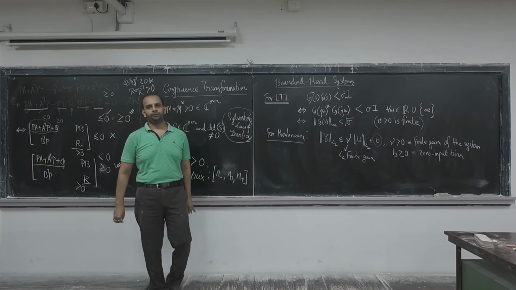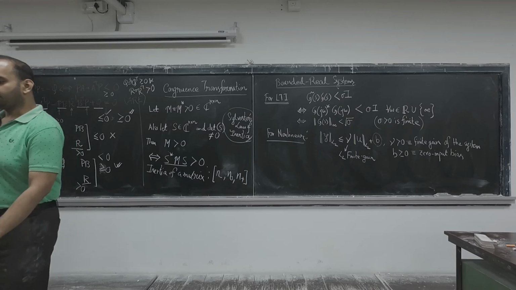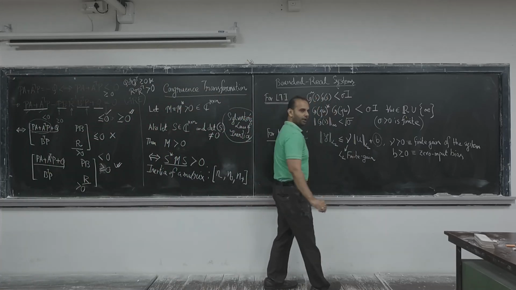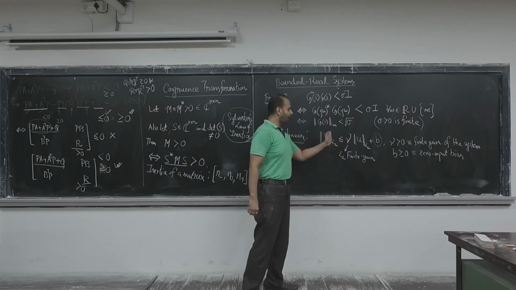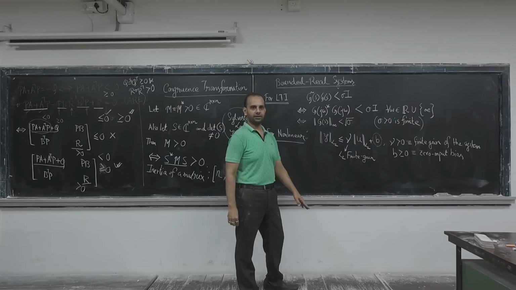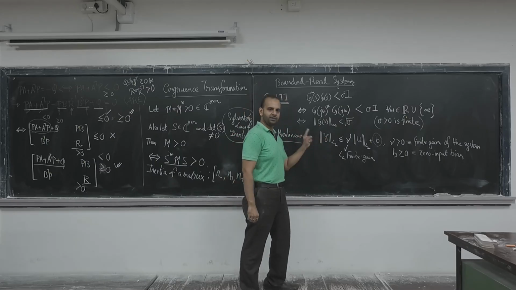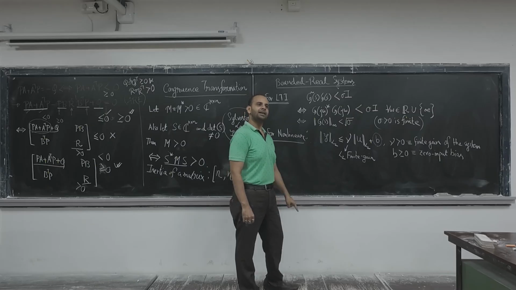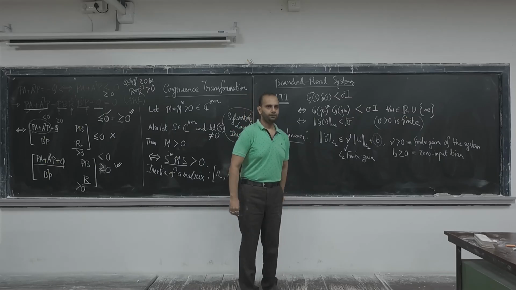Okay. For nonlinear systems, as we don't have a frequency domain representation, of course you will have to go by the input-output approach, and this is the standard way we express finite gain stability. So all systems which can be represented in this fashion with a finite gamma are called finite gain stable systems. Okay.